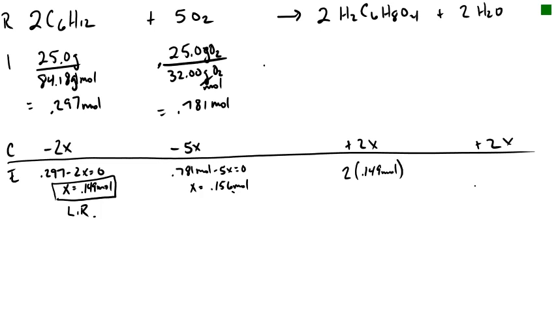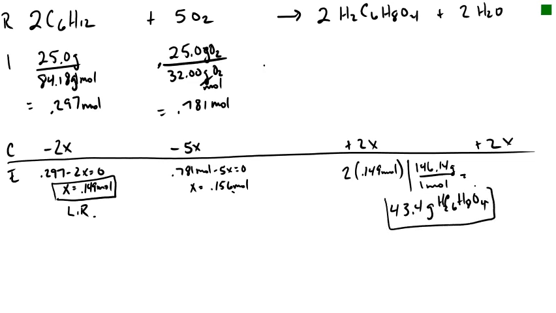And then I would simply multiply that by its molar mass, which is 146.14 grams per mole. And when I solve that, I end up with 43.4 grams of the H2C6H8O4. So that would be my theoretical yield.